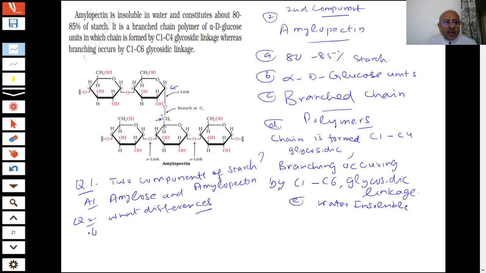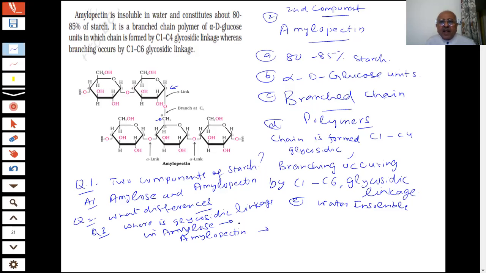Then question number three, he is asking, where is the glycosidic linkage in amylose, and where is the glycosidic linkage in amylopectin? We know what type of linkage is there.